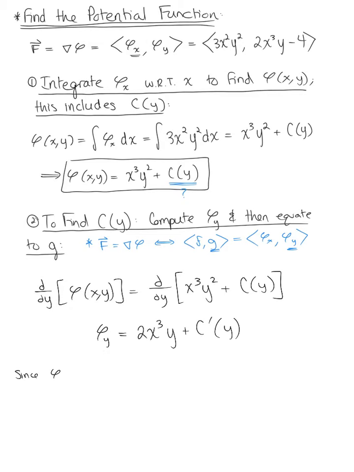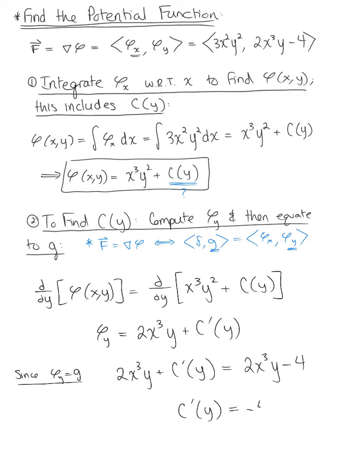Again, since the partial derivative of phi with respect to y is equal to g, we have 2x cubed y plus c prime of y is equal to 2x cubed y minus 4. And solving for c prime of y, we subtract 2x cubed y from both sides, leaving us with the derivative of this function with respect to y is just equal to negative 4.